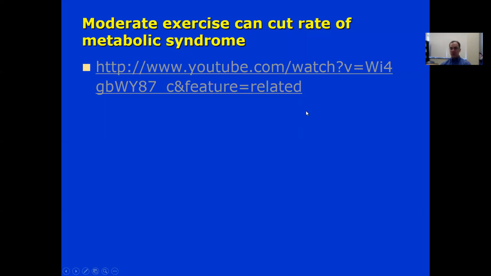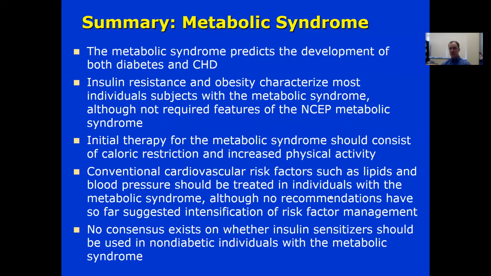So that video shows the importance of exercise and reducing the metabolic syndrome, which is very important for our long-term health. This just summarizes that the metabolic syndrome predicts the development of both diabetes and coronary heart disease. Insulin resistance and obesity characterize most individuals with the metabolic syndrome.